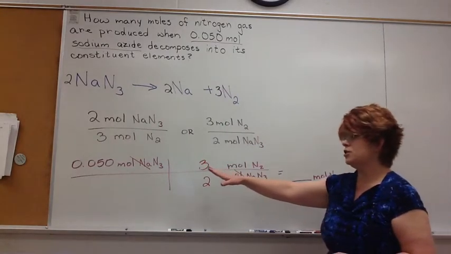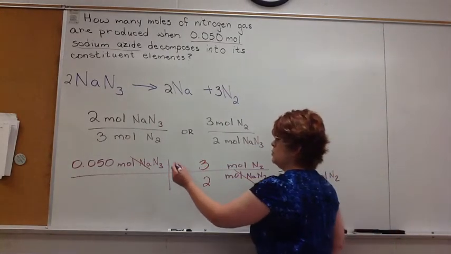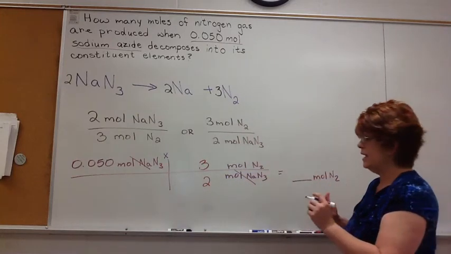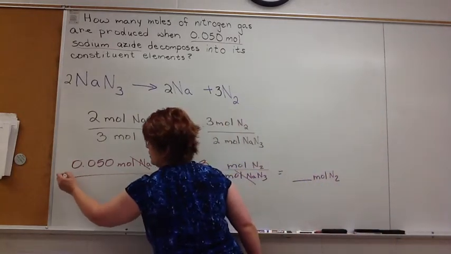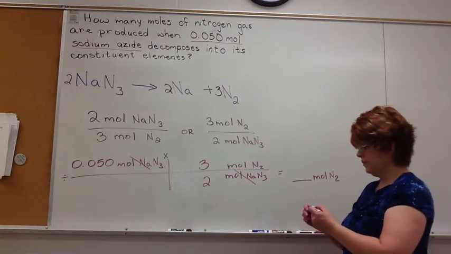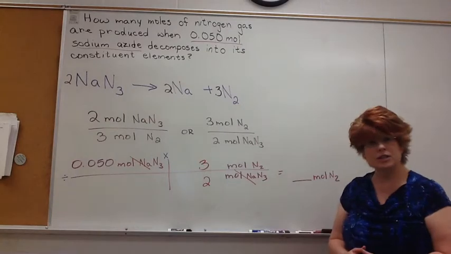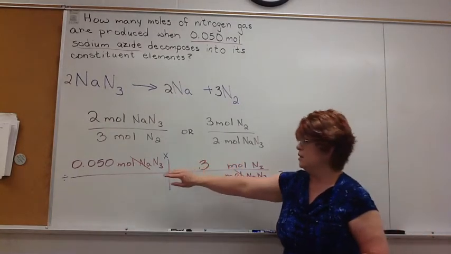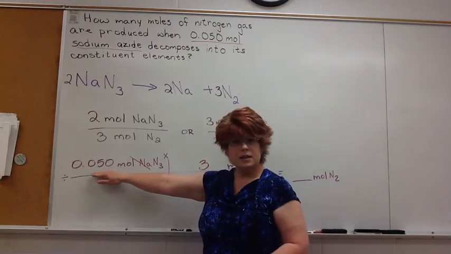At this point, then, I just do the math. You multiply the items that are side by side. You divide by whatever is on the bottom. You watch significant figures. These are counted. This is a measurement.